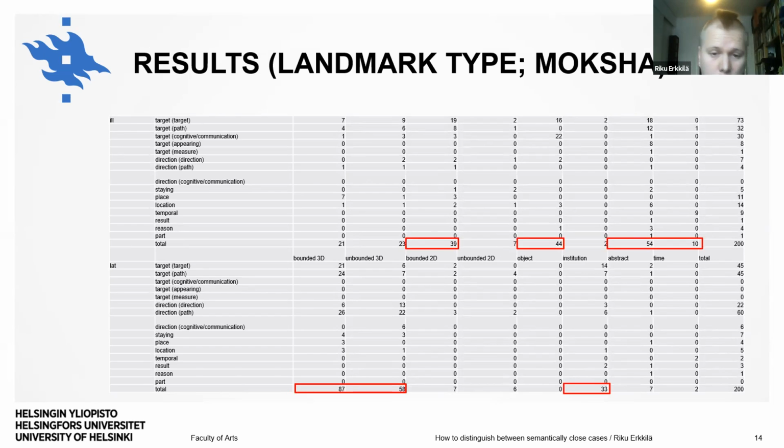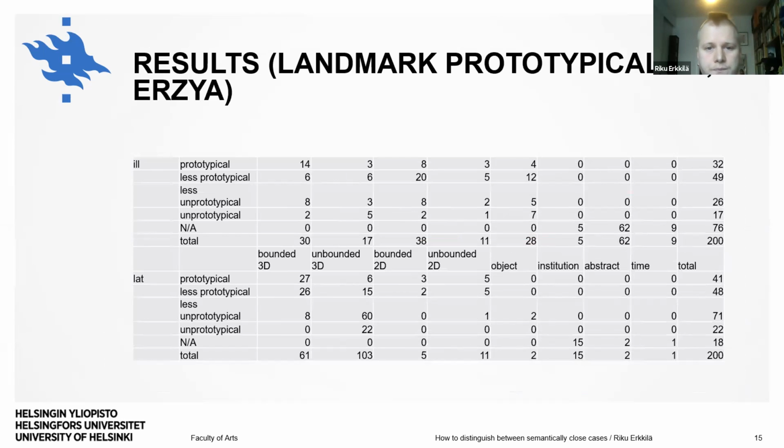And also the differences in the marking of the different kinds of landmarks are almost the same. The lative is used a little less with three-dimensional objects than in Erzya, but not that much, I think. Then the prototypicality and the landmark type.